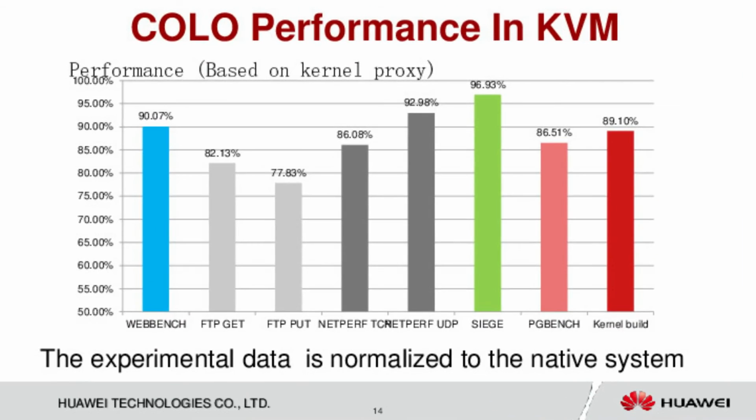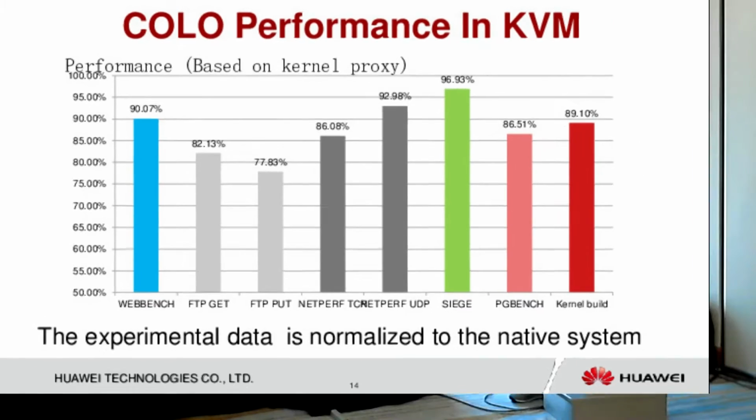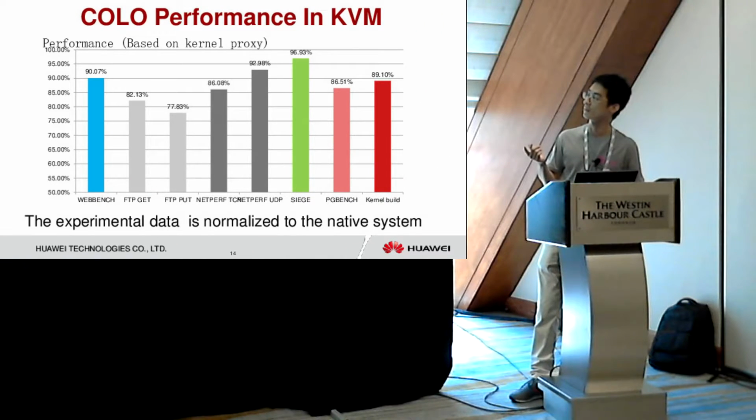And here is a test based on the kernel proxy scheme. From this test, we can see that it does achieve good performance. Here, the test results have been normalized to the native system to see the difference in performance.